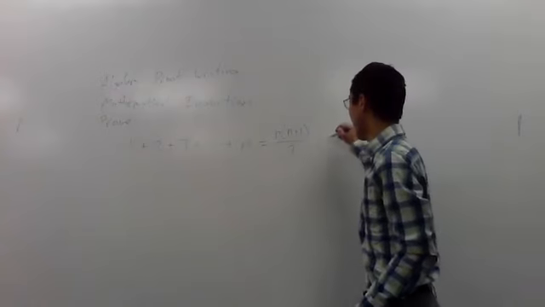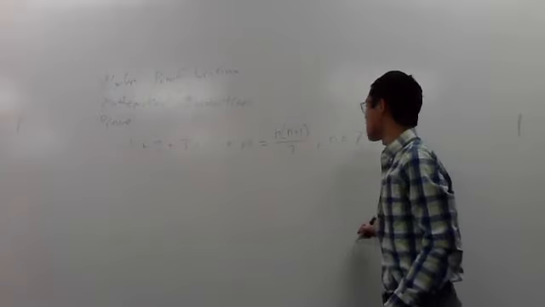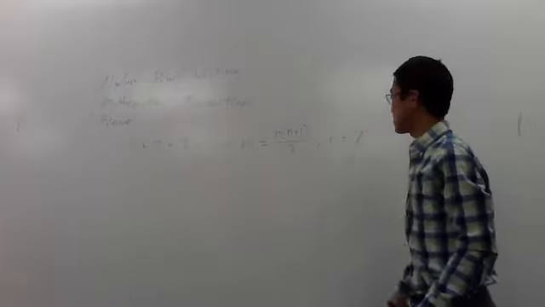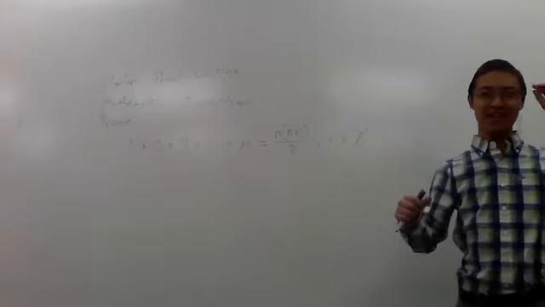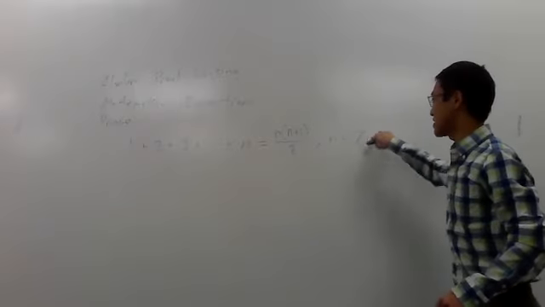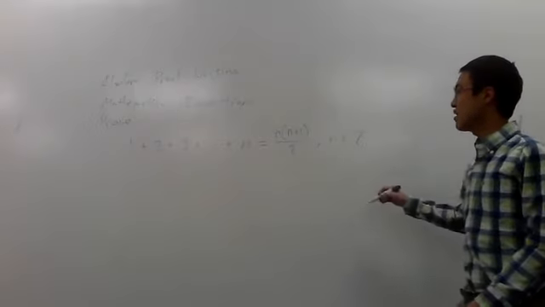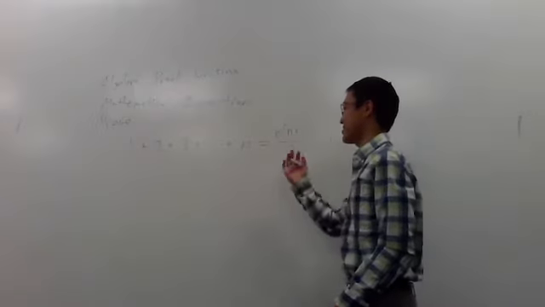And I should specify n is a positive integer, because there's no point in taking the sum of the first 0 integers. We could do that, actually, the proof works both ways. So let's include 0. Now, well, actually, no, that's a pointless exercise, because then you just multiply 0 by 0.